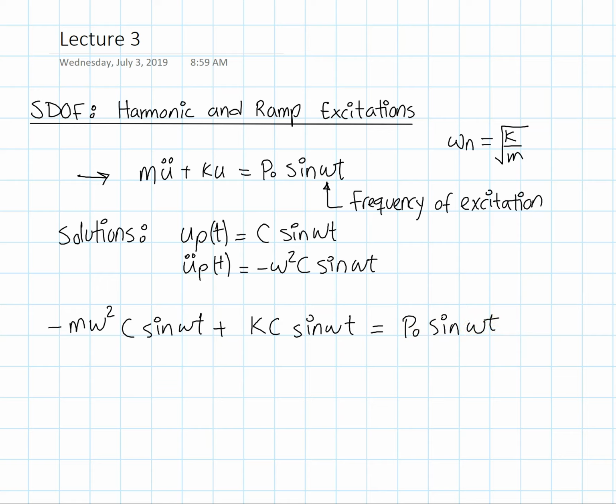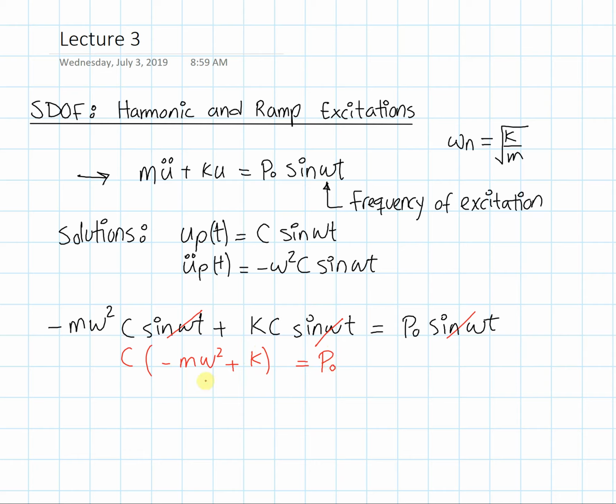Alright, now I'm going to change my pen color, and what we can see is that all these sine terms can be cancelled out because they appear on both sides of the equation. And what I can say is I have C times the bracket of minus m omega squared plus k is equal to p naught.